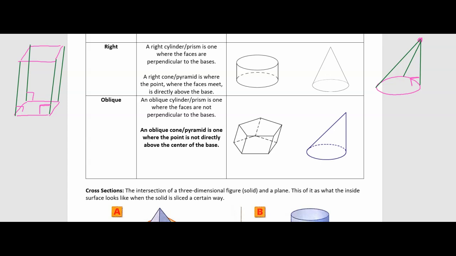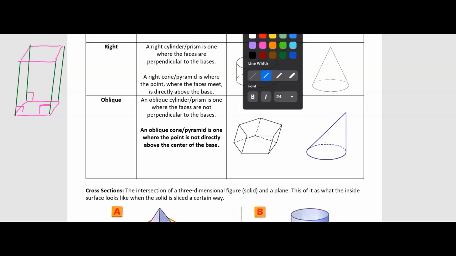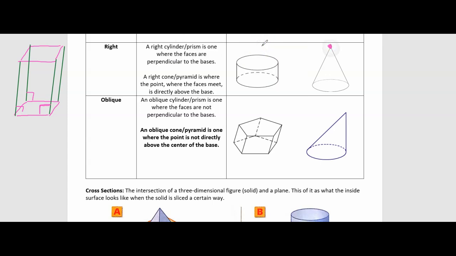So that is not how we define a right cone or pyramid. How we do that is we look at the point that is not on the base. If we look at this point of this cone that's not on the base, if that is directly above the center of the base, then this is considered a right cone or a right pyramid.